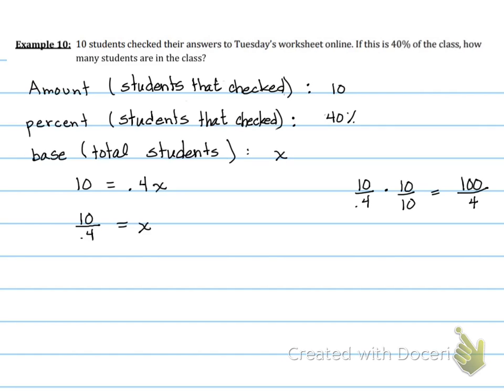And so 10 divided by 4/10 is equivalent to 100 divided by 4. That make sense? And that's just 25. So there are 25 students in the class.